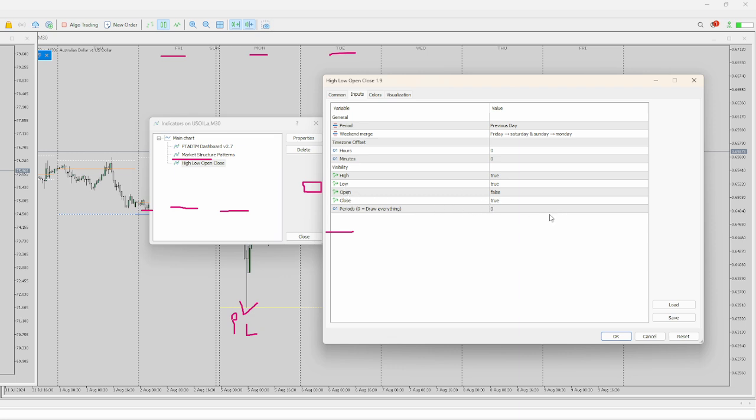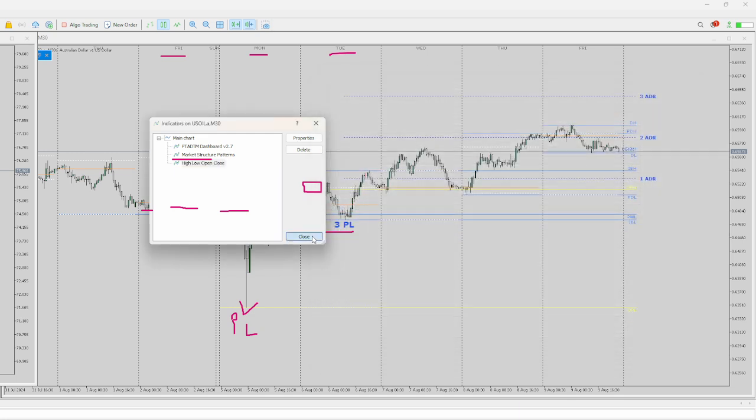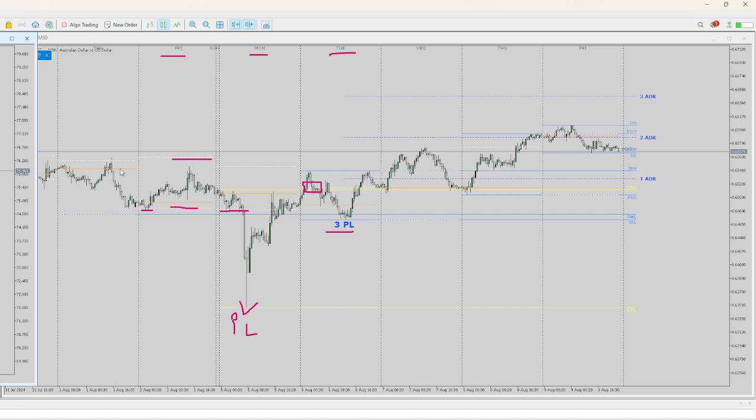I just have it to show the close because I don't need the open price. I just need the closing price. Again, this is in the description and it's free. And this is for MetaTrader 5. Now, if you have MetaTrader 4, in my locals, there is the day open indicator there, all the free indicators. But MT5, this is something that you'll need to add.